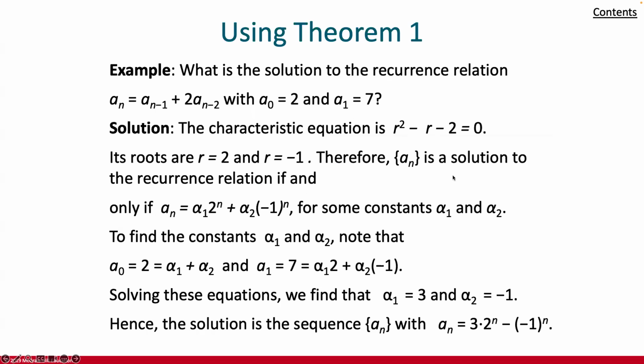And so therefore, a sub n is a solution to the recurrence relationship if and only if a sub n is equal to alpha 1 times 2 to the n plus alpha 2 times minus 1 to the power n for some constants alpha 1 and alpha 2. We can find the constants alpha 1 and alpha 2, solve the equation, and hence get the solution in closed form, as we have here in the last line.